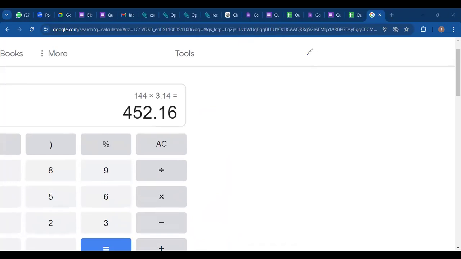So this is 3.14 multiplied by 144, right? Yes, sir. 4 times 4 is 16. Put the 6 down, put the 1 up. 4 times 1 is 4, plus 1 is 5. 4 times 3 is 12. Put the 0 down.